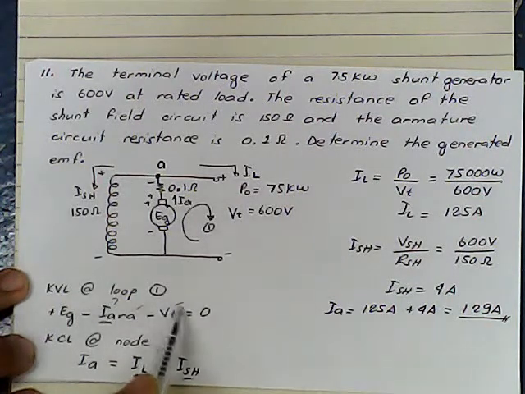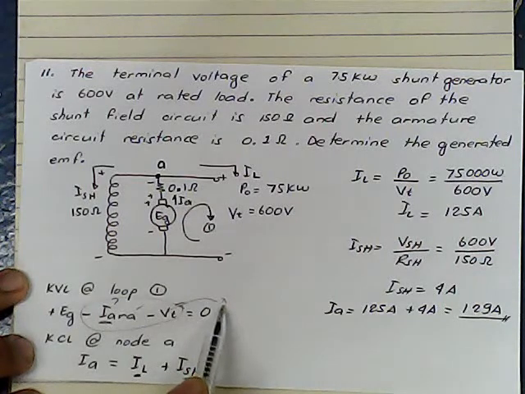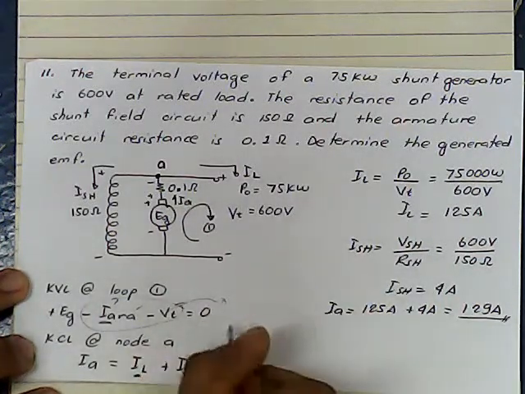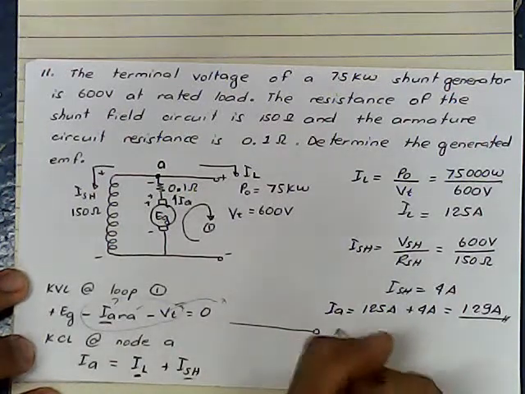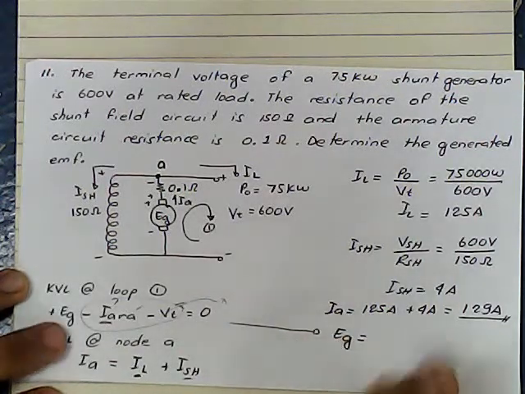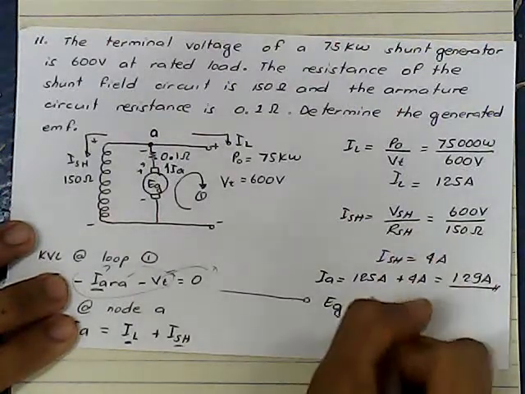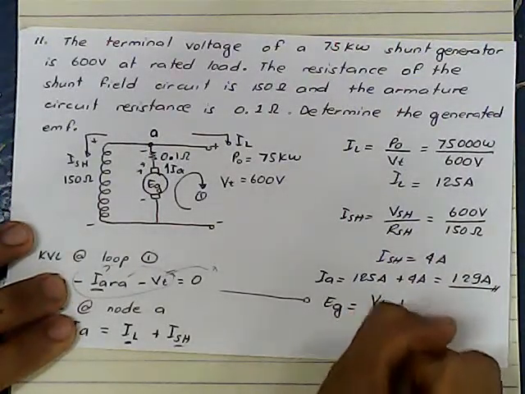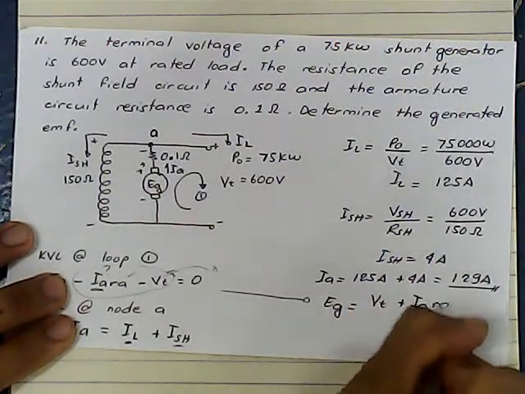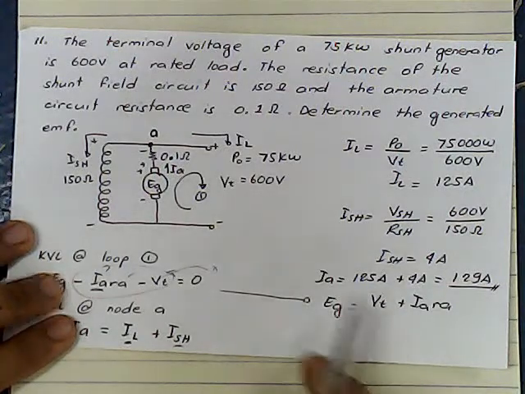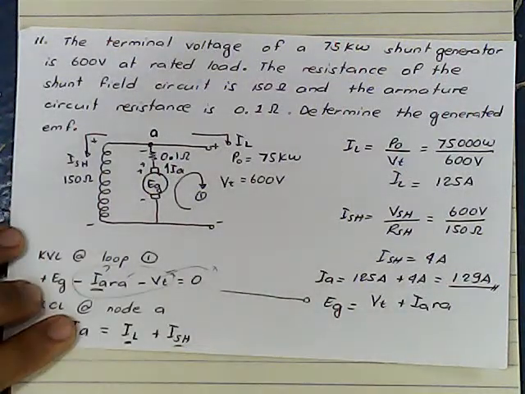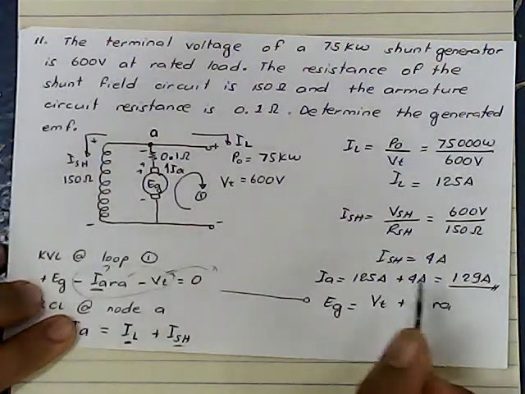Yung dalawang to, transpose lang po natin sa kabila, magiging positive po silang dalawa. So, from this equation, EG is equal to VT plus IA RA. Pinagbaliktad lang po natin, pero pareho lang din po yon.